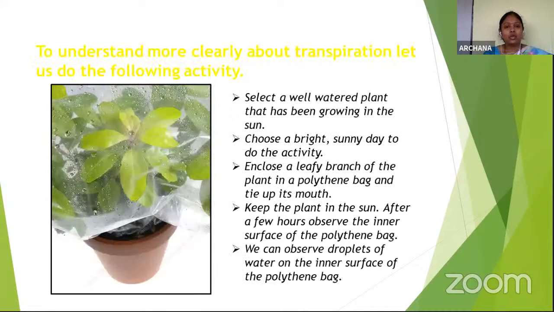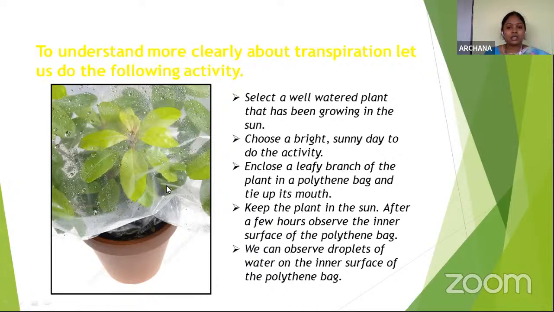Now, to know whether transpiration really takes place in plants or not, let us do the following activity. For this activity, we have to select a well-watered plant that has been growing in the sun. Here in this picture, you can see a small potted plant.